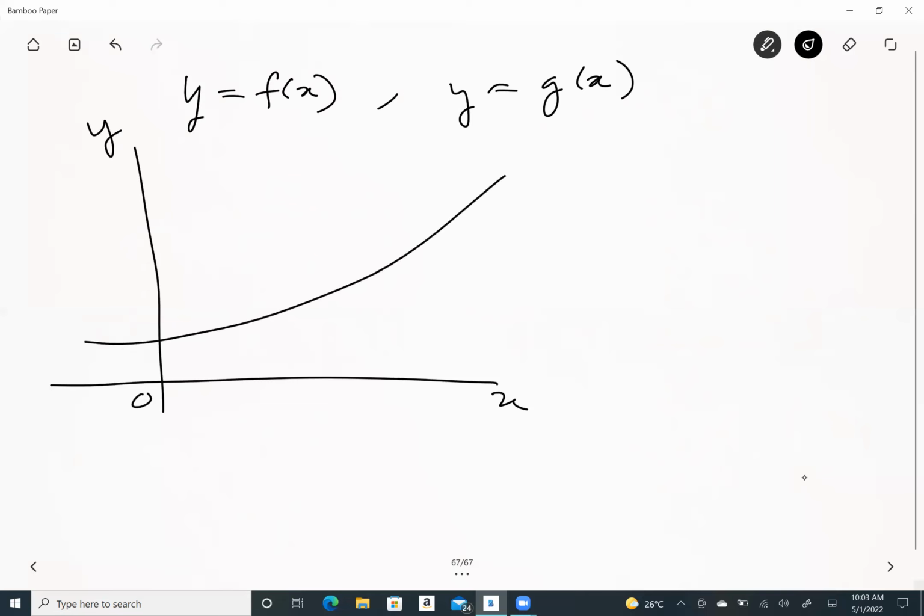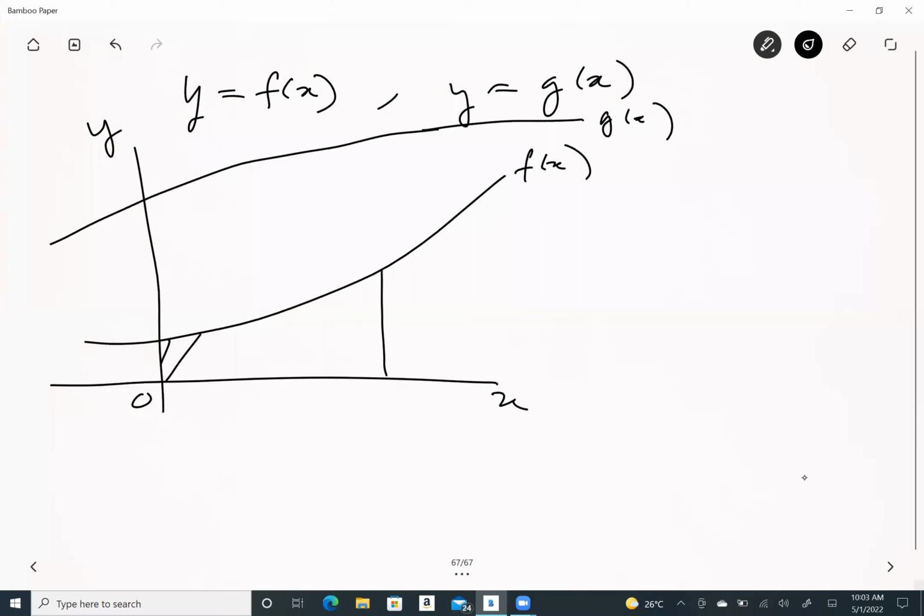Suppose that is f of x, and you have g of x, like that. And we want to find this area, from 0 to x0. So find this area A.